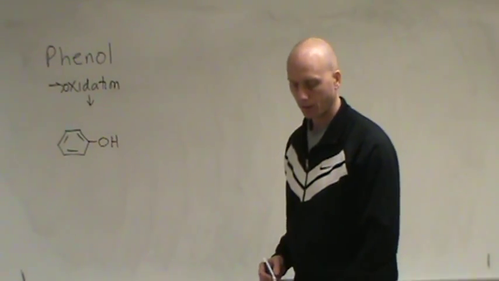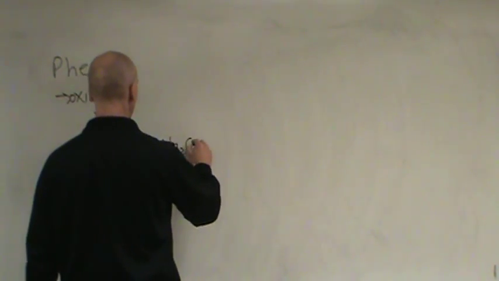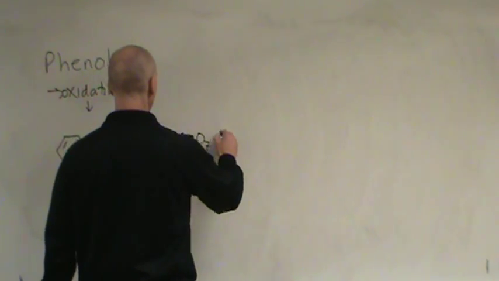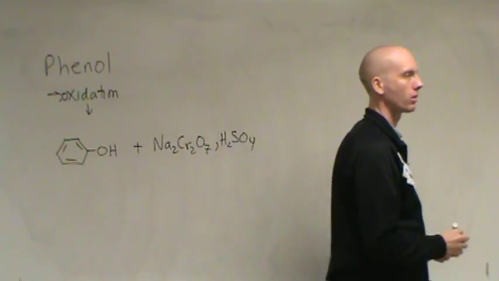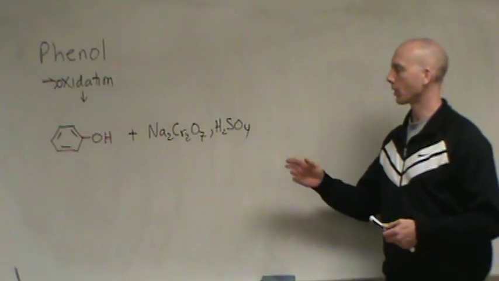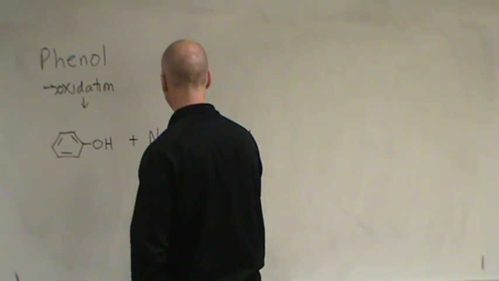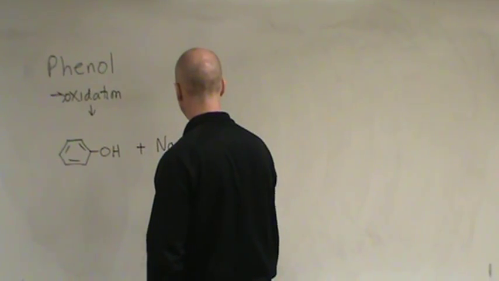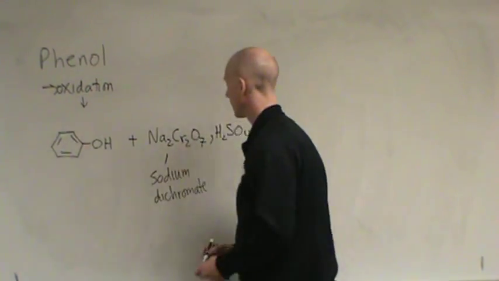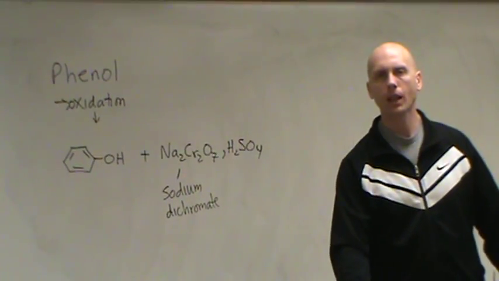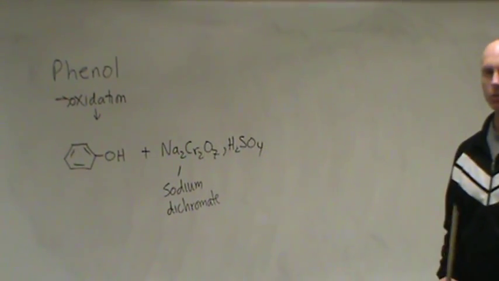What we're going to do is take phenol and react it with a mixture of this here, Na2Cr2O7. This is called sodium dichromate. And the other reagent is that of sulfuric acid.